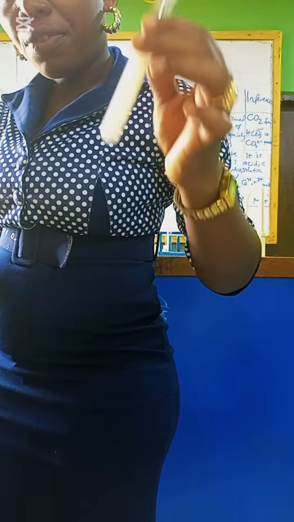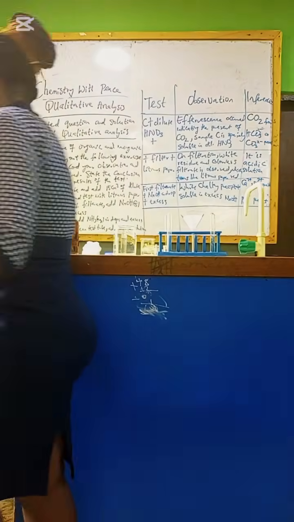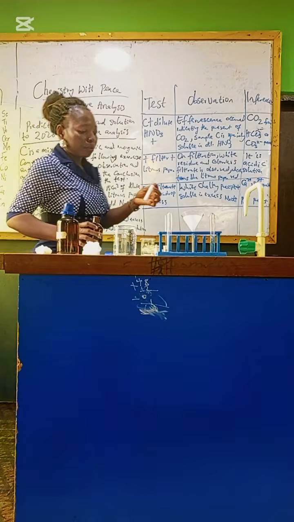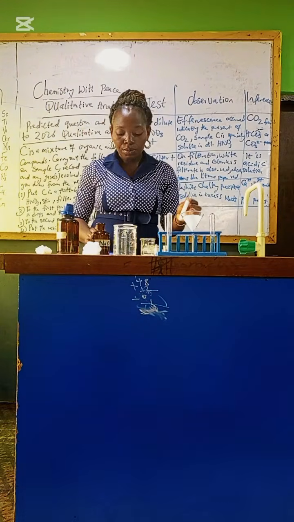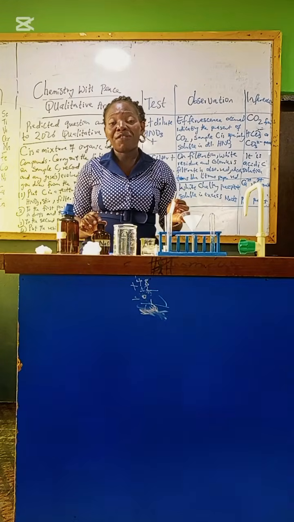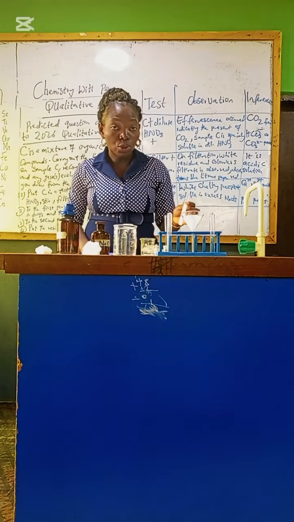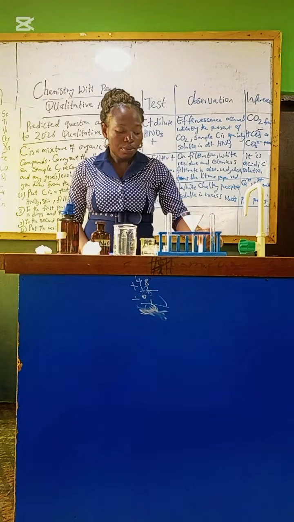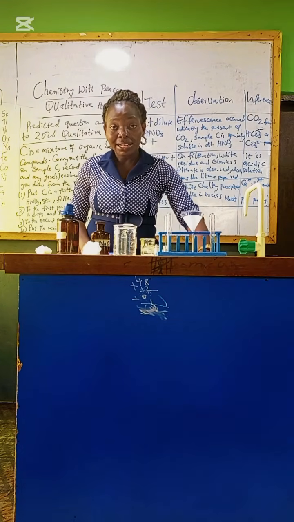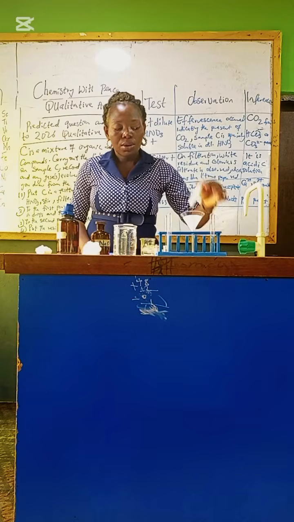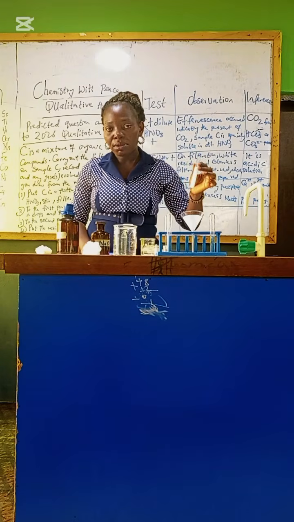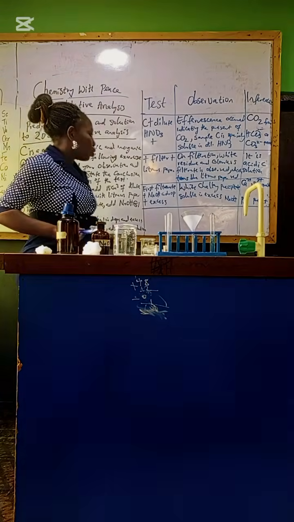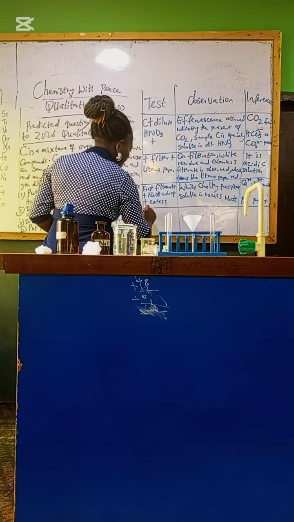White precipitate formed. So addition of ammonia solution, white precipitate is formed in drop and in excess. That's how you're going to present it.